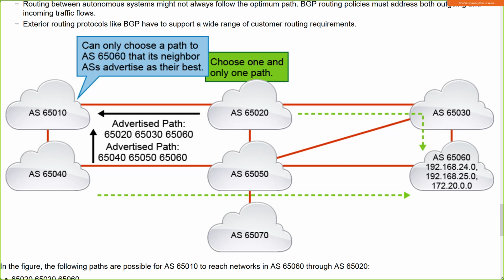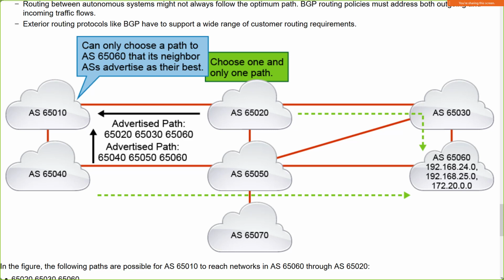We can do things like AS Path prepending or AS Path filters to modify how routing is done. But AS Path is a very, very common way of deciding how we're going to reach a particular destination. And it is literally, we're creating a list, if you will, of the autonomous system numbers that I have to go through to reach a particular prefix.